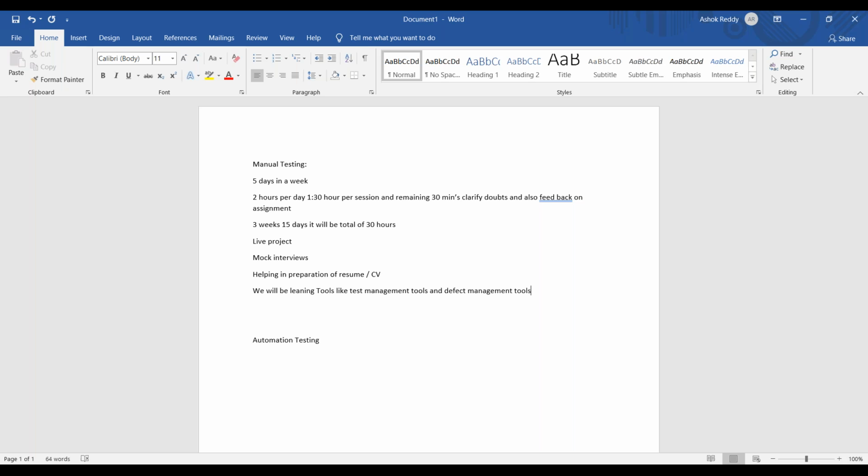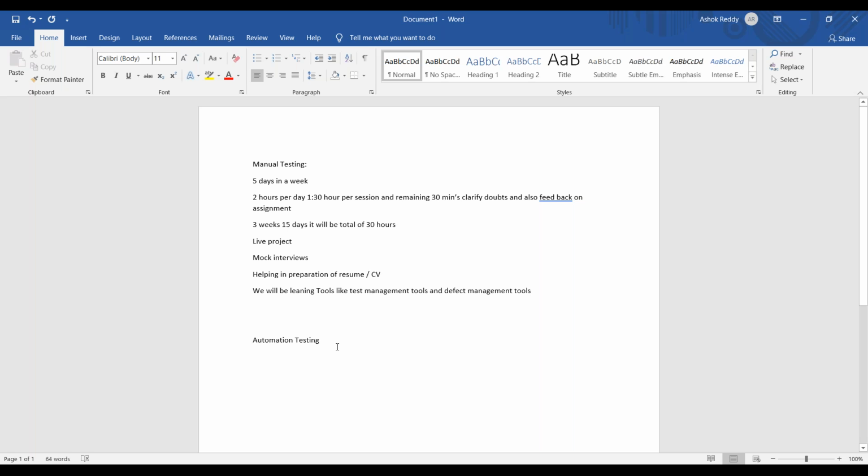Once you are in a job, you will always be using test management tools and defect management tools, and you will have learned with hands-on how to use them: what a test management tool is, what the different types of tools are, how to use them, and what the purpose of using them is. The same applies to defect management also. We learn what a defect is, why we get defects in the software industry, and what the different defect management tools are. So we'll be learning the in and out of manual testing.